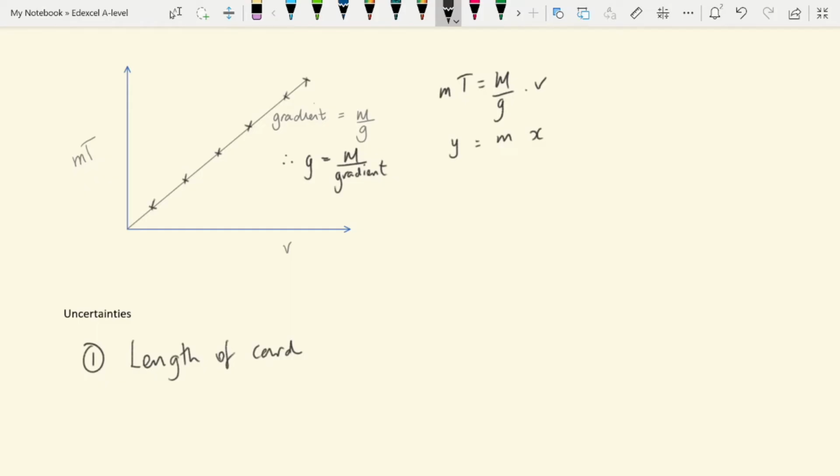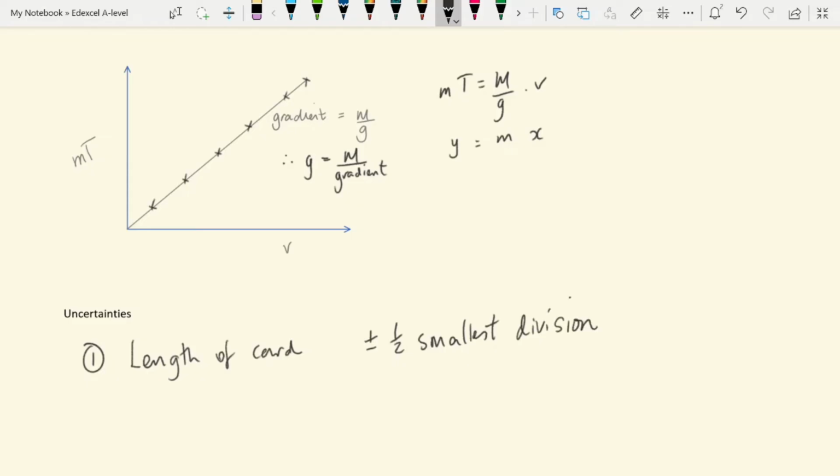Now we only measure the length of the card once with a meter rule or some form of ruler, and therefore we're going to have to use the method for finding the uncertainty using plus or minus half the smallest scale division. So suppose your card is 10 centimeters long.